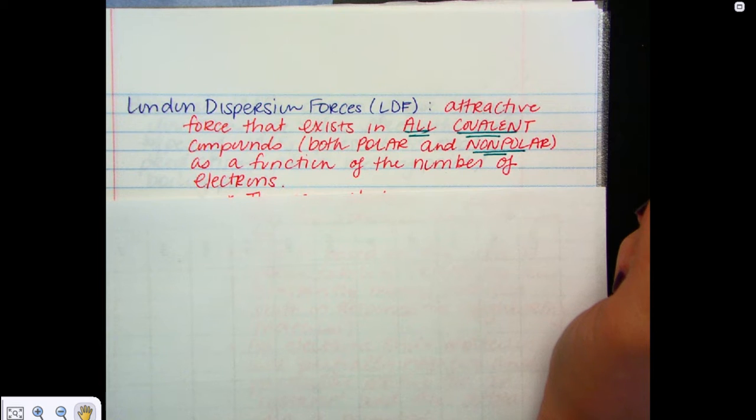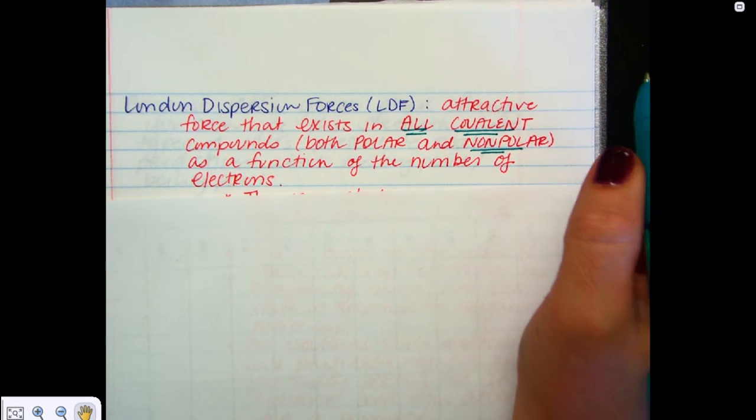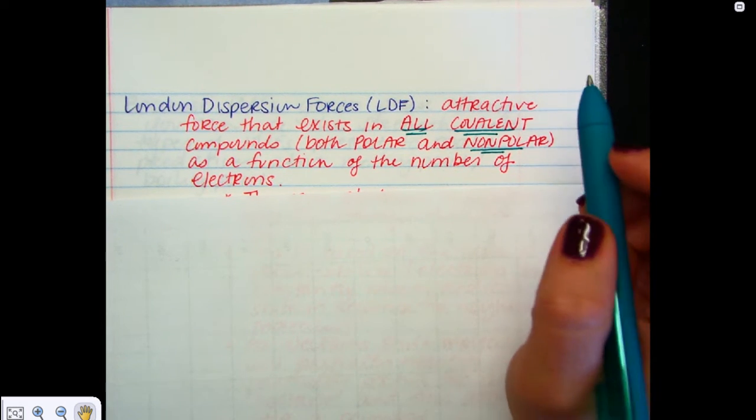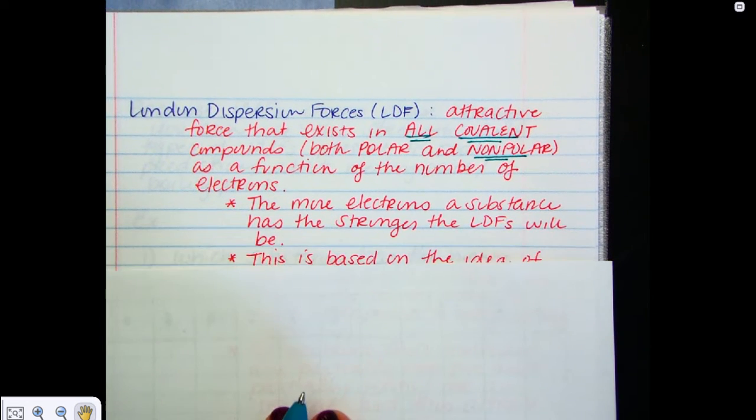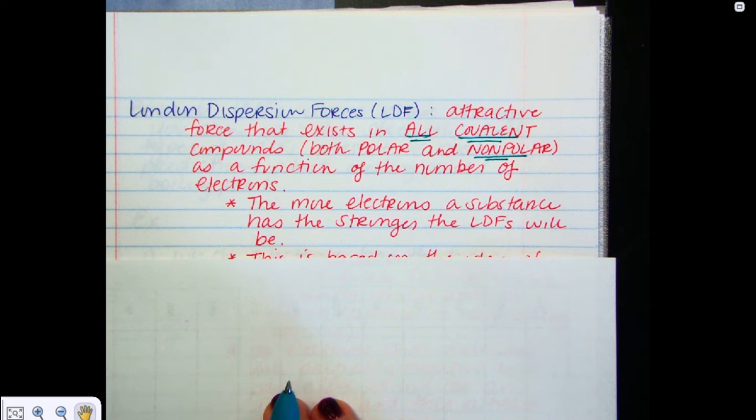And these are a function of the number of electrons something has. The more total electrons, the stronger the London dispersion force will be. So if I have something that has a huge number of electrons, it's going to have a really high London dispersion force.